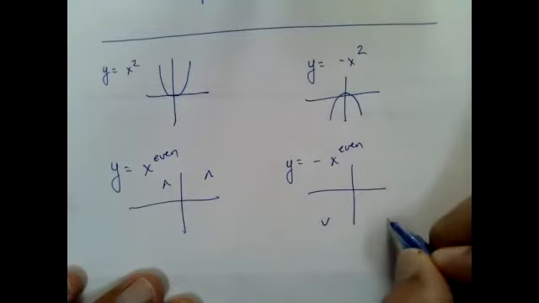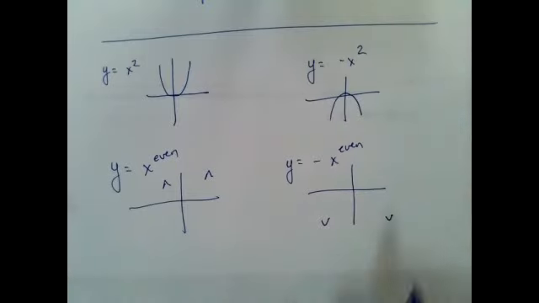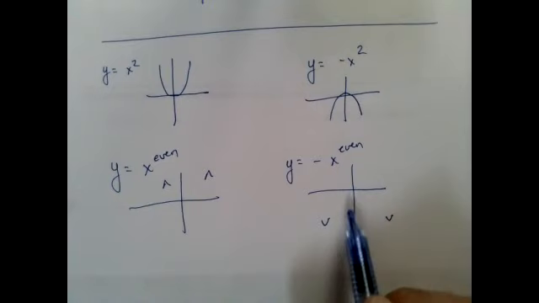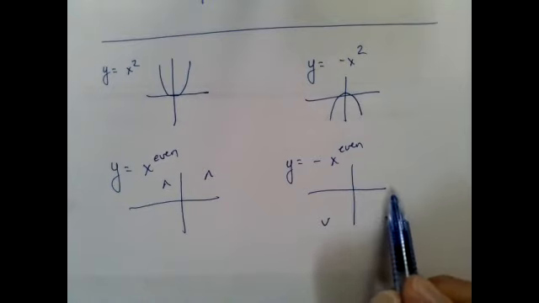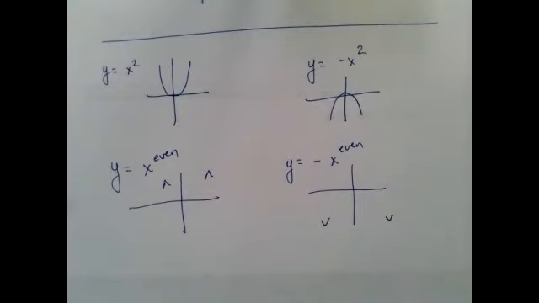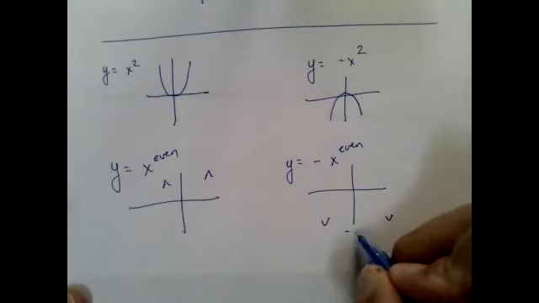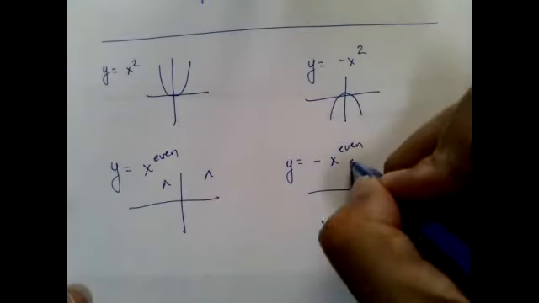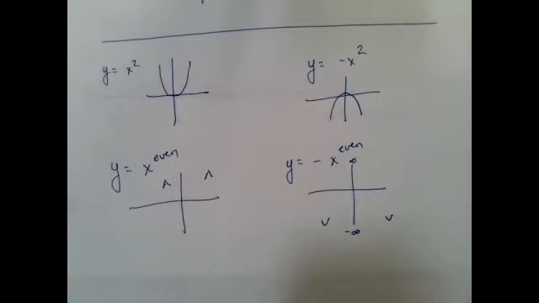It's going to start down that way and end that way. So as x approaches negative infinity, y approaches negative infinity. As x is moving to positive infinity, y approaches negative infinity. And remember, negative infinity is down here. Positive infinity is up there. I didn't do so good.